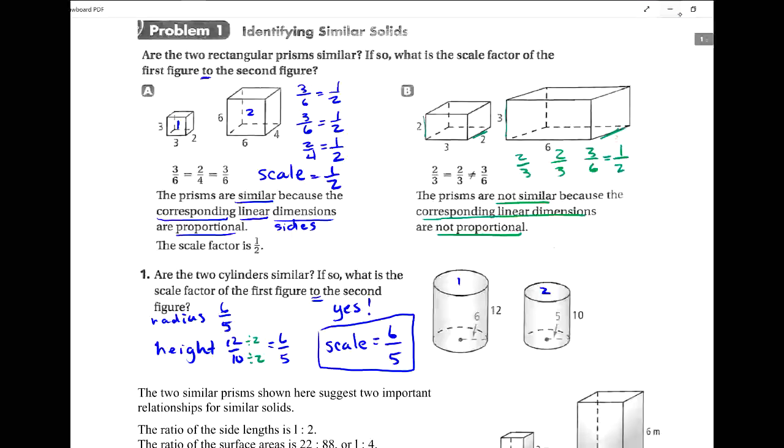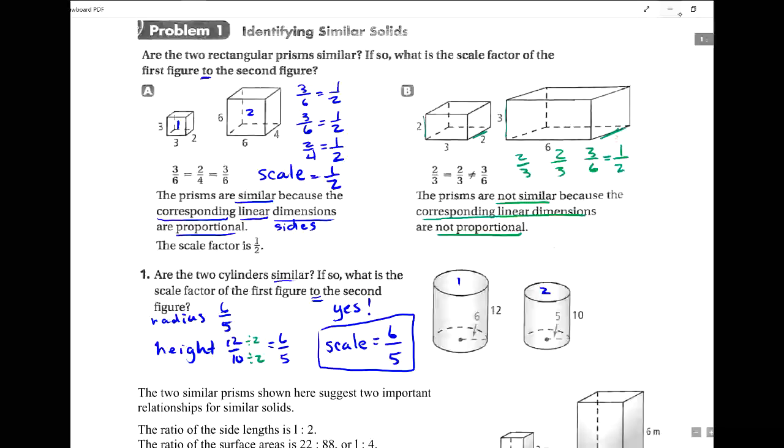All right, this one was pretty easy. We wanted to know if the two cylinders are similar. So we know that we need to compare corresponding linear dimensions, corresponding sides, corresponding lengths. In this case, we have cylinders. The important part of circles is the radius. So we are going to compare our radii, and we are asked to compare the first figure to the second.